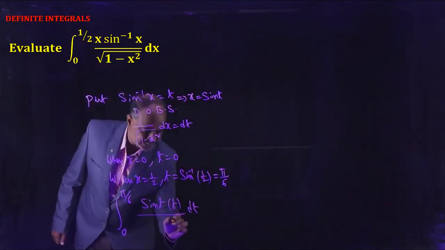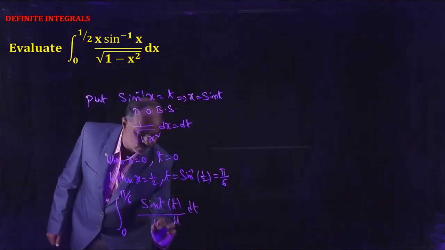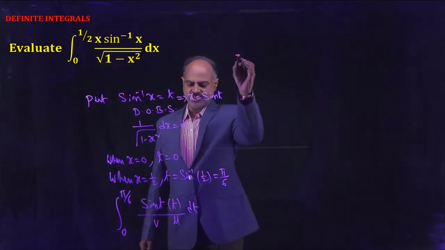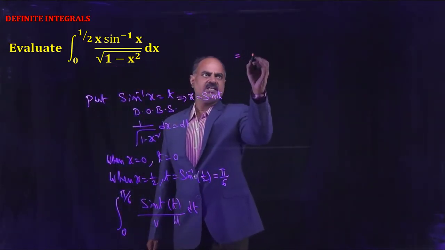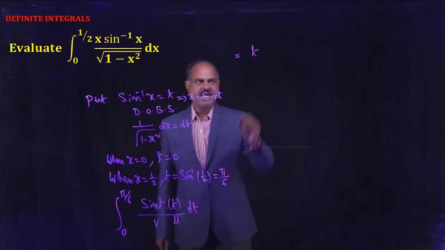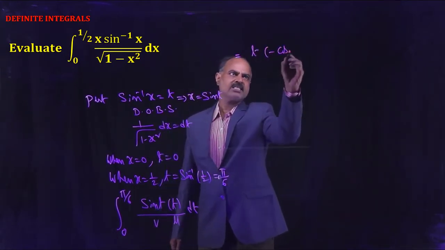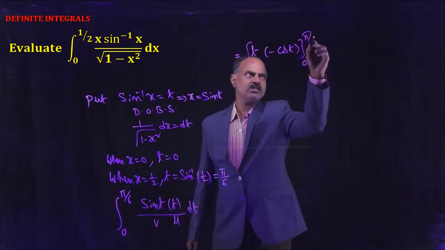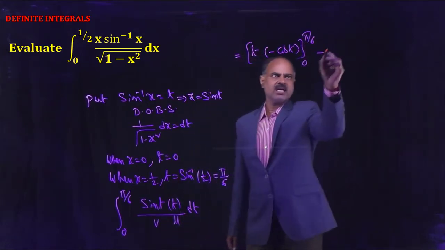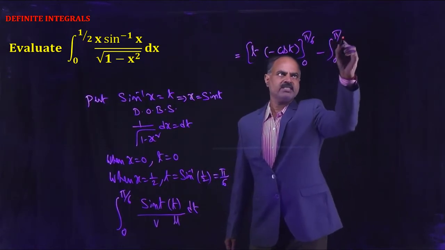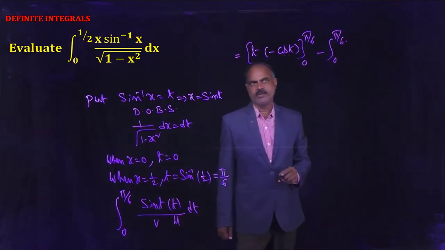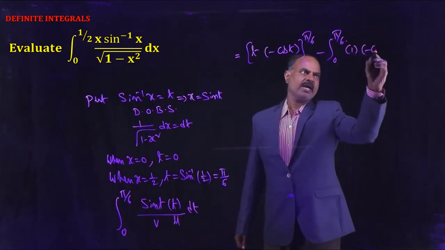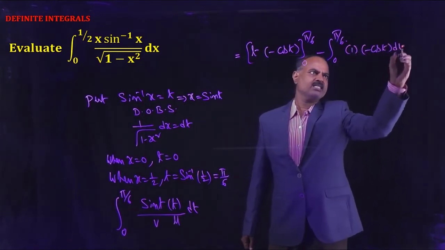So applying integration by parts, take t as u and sin t as v. Now this is equal to first function t into integral of sin t, which is minus cos t, limits 0 to pi by 6, minus integral 0 to pi by 6 of derivative of t, which is 1, into minus cos t dt.